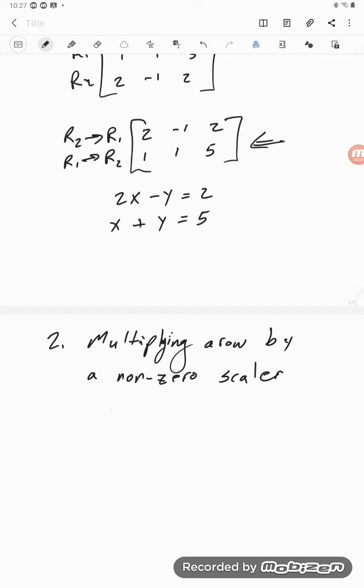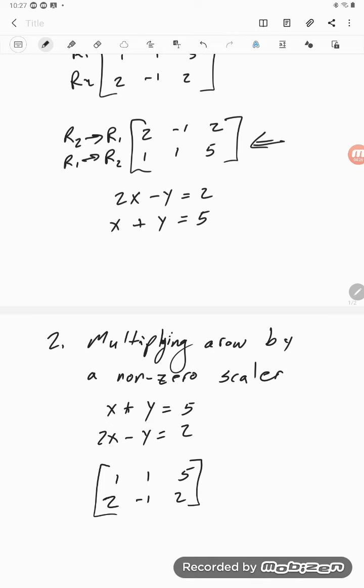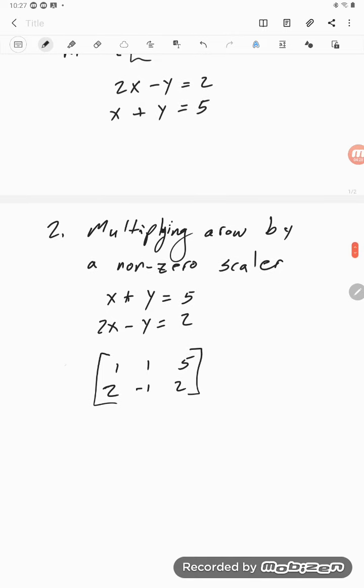But again, we have x plus y equals 5 and 2x minus y equals 2. And so we have our 1, 1, 5, 2, negative 1, 2. And so there's row 1, row 2.